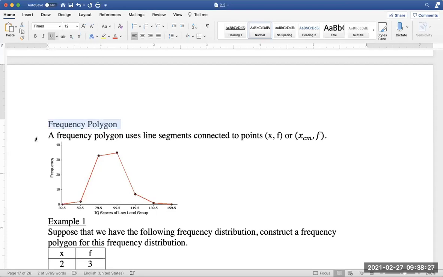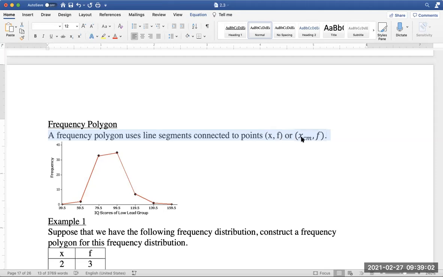Frequency polygons. Another way of visualizing our data is through the use of a polygon. With a polygon, we are going to be connecting our points, and the points will be the following ordered pair: the data value, the value of your random variable, is the first coordinate, and the second coordinate is your corresponding frequency.